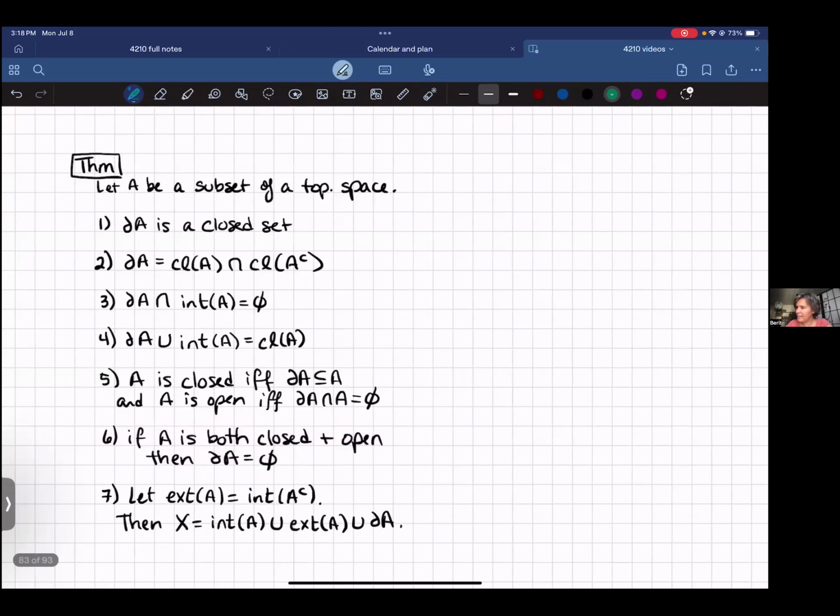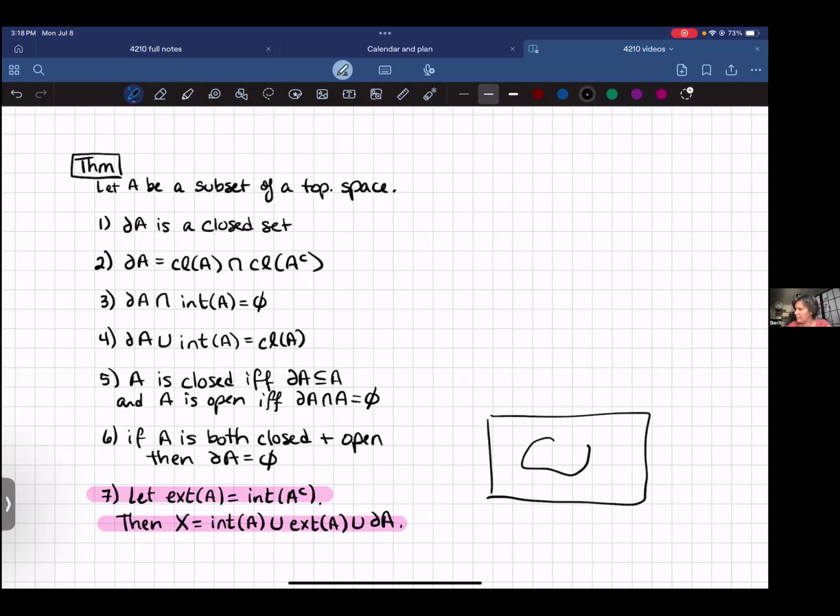And then finally, the last one. If we write the exterior of A to mean the interior of A complement, like the inside of the outside of A, then for any set, you can write the whole space X as the interior union the exterior union the boundary.